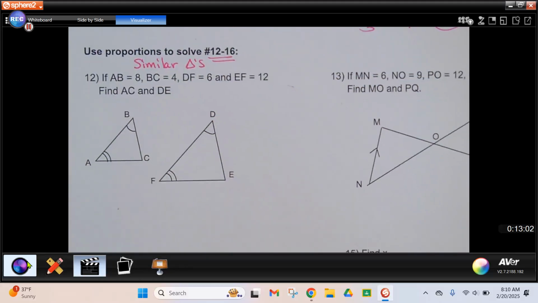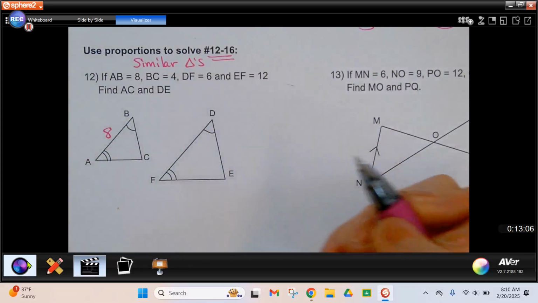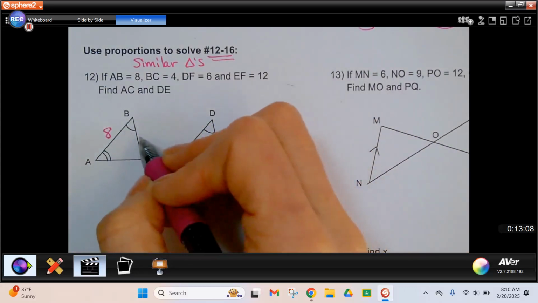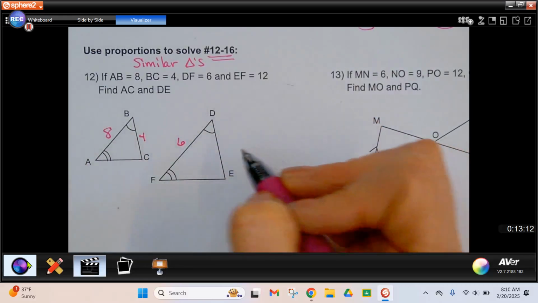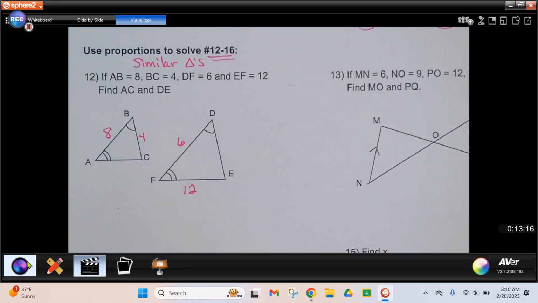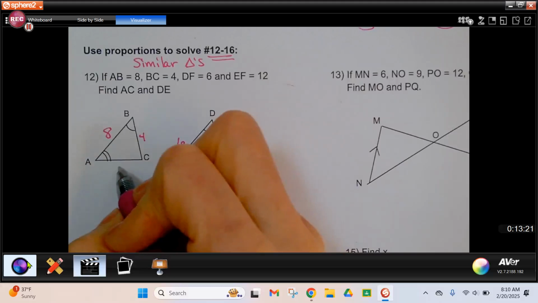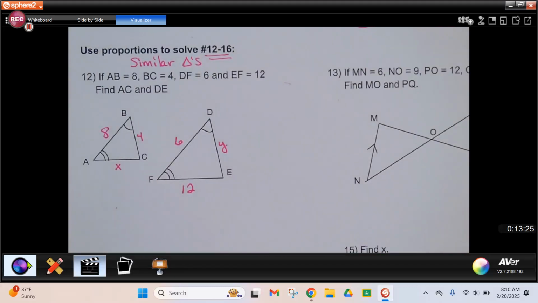I forgot to say that. Okay, so AB is 8, BC is 4, DF is 6, and EF is 12. So I labeled my sides, and I want to solve for AC, let's call that X, and DE, let's call that Y.